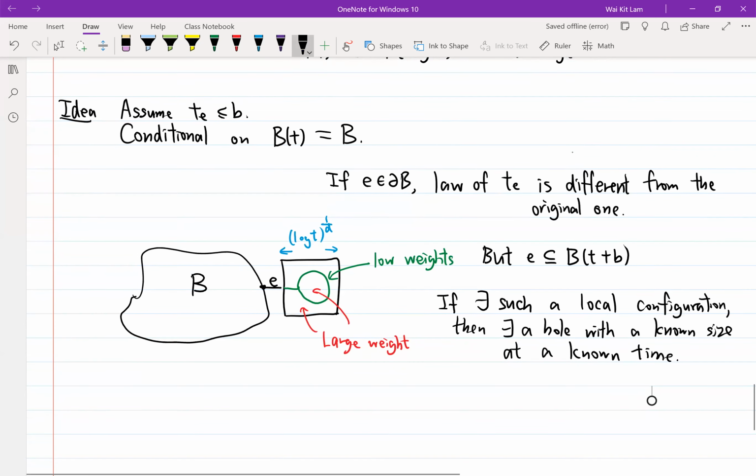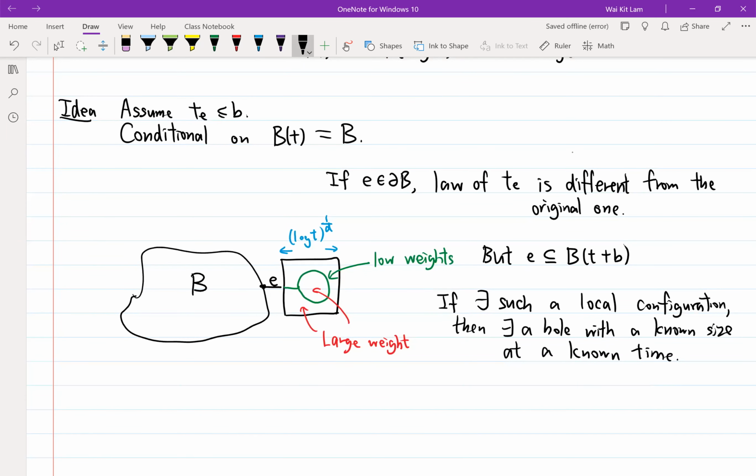If you condition on b of t equals b, then everything outside this region b will be independent. So if you want this local configuration to happen, if the side length of this box is log t to the 1/d, then the total number of edges in this box is of order log of t. And therefore, with probability at least some number epsilon to the power log t, you will see some local configuration like this.